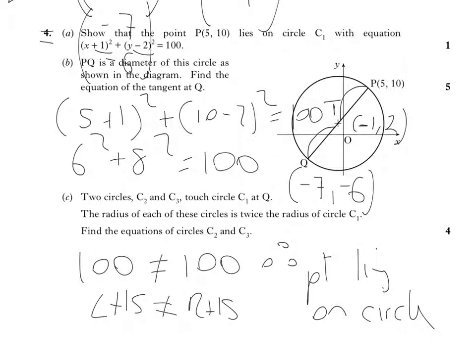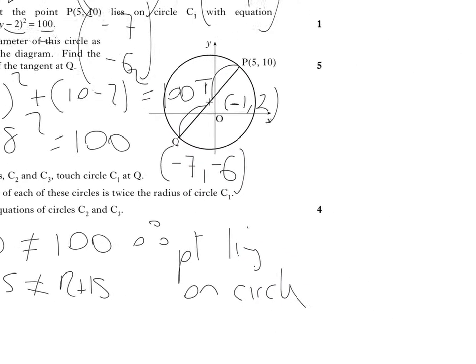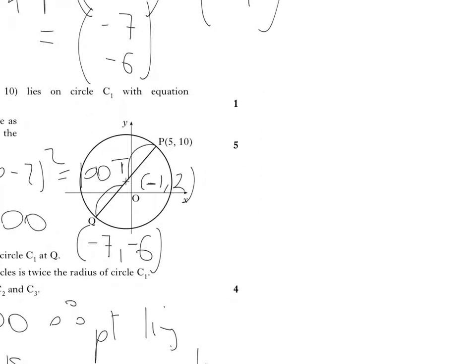So I've got my point, now I'm looking to find the gradient of the tangent. The tangent will cut the diameter at a right angle. So if I find the gradient of the diameter, I can use m1 m2 equals −1. So mQP equals (10 − (−6)) over (5 − (−7)).